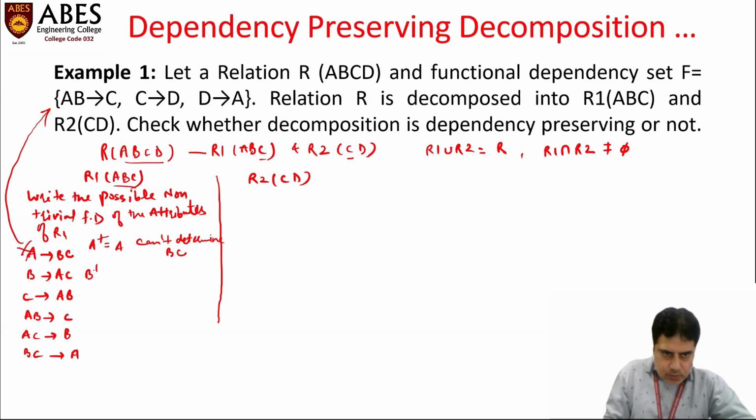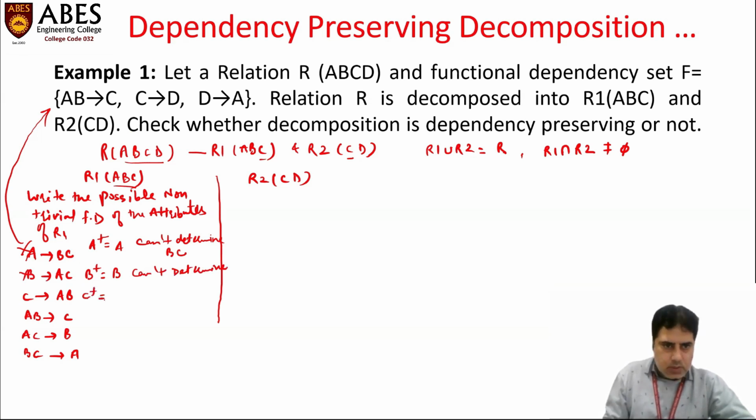Now take the attribute closure of B from the original functional dependencies. From B, we can determine B, and from B we cannot determine anything else. So this functional dependency cannot hold.